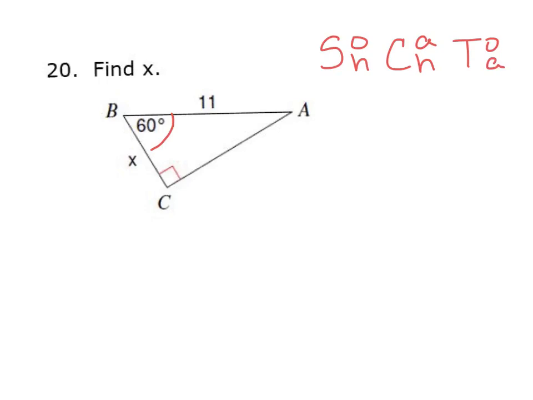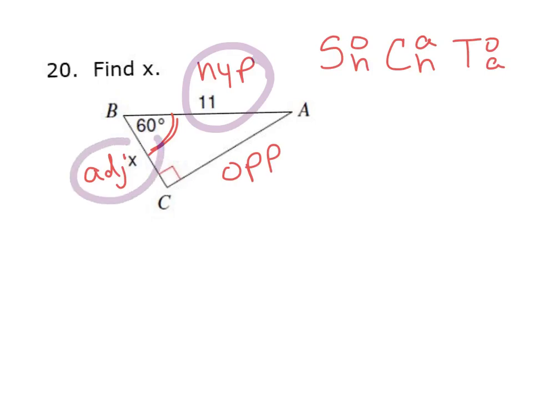So I have my angle, and I'm going to use that to label my triangle. So across from 60, opposite of 60 is my opposite. Across from the 90 degrees, the hypotenuse. And then next to my 60-degree angle is my adjacent. From here, I'm going to circle what I know and what I need.